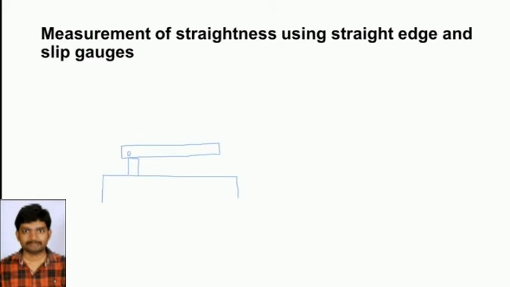Say this is point number 0, and then we have to mark the length, say this is L. We have to support this length at two points like this, using another set of slip gauges, so that this distance is the Airy distance, so that the bending is minimum.